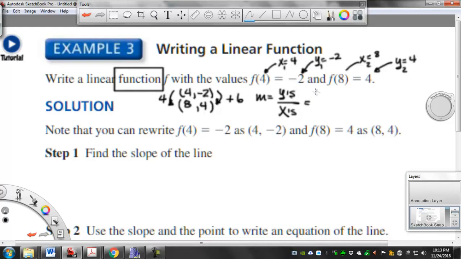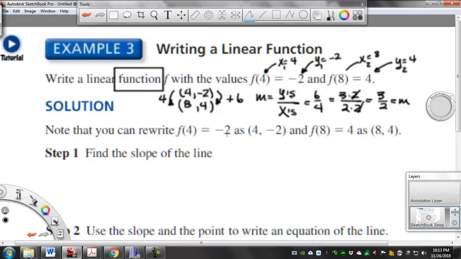So this will be 6 over 4. Now we want to simplify that. We have 3 times 2 is 6, 2 times 2 is 4. You can see the 2 over 2 simplifies to 1, so they're gone, and I get 3 over 2. That is your slope. Okay?